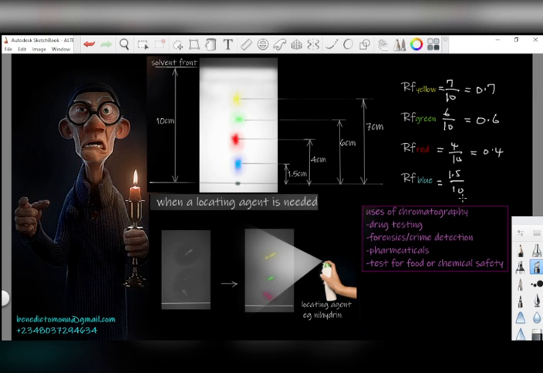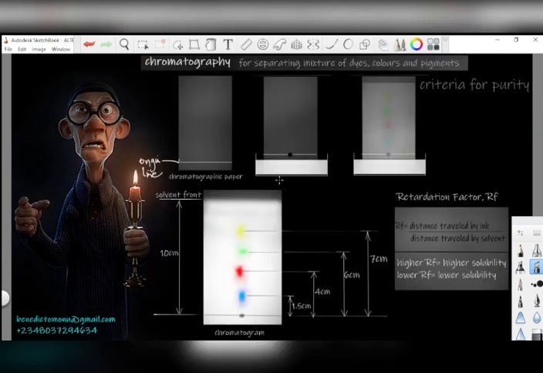I need to check my calculator. 1.5 divided by 10 is 0.15. So these are the retardation factors. From these, we can easily tell that the most soluble is yellow. Yellow is the most soluble in this solvent.